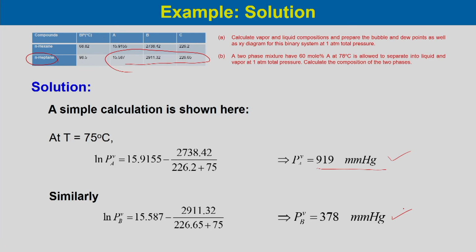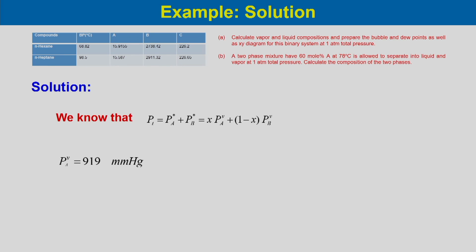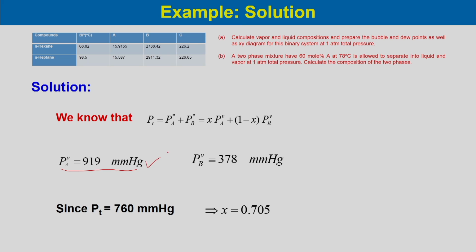We have calculated the vapor pressure at a particular temperature. Now, we know that Pt is Pa star plus Pb star, which is equal to x PAV plus (1 minus x) PBV. PAV and PBV we have obtained already, and Pt is 760 millimeter Hg, which is given at 1 atmosphere pressure.